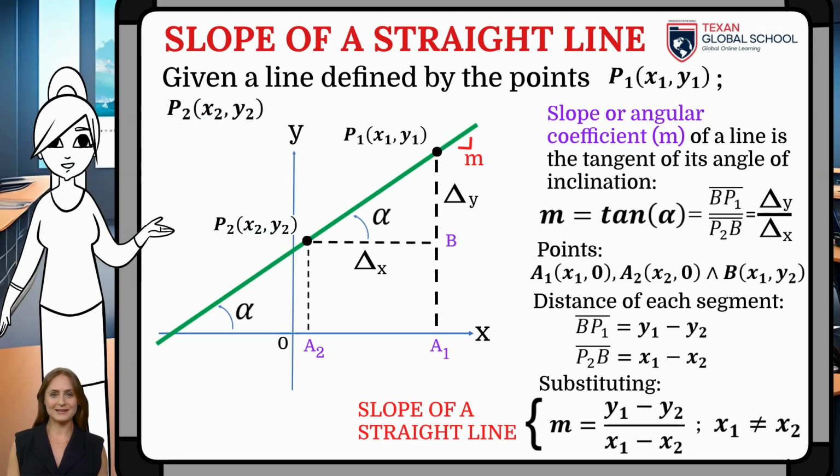This relationship is known as the slope of a line defined by the letter m. Essentially, the slope is a measure of how steeply the line rises or falls as it moves horizontally. The Greek letter delta, represented as a small triangle, is the change in y over the change in x.